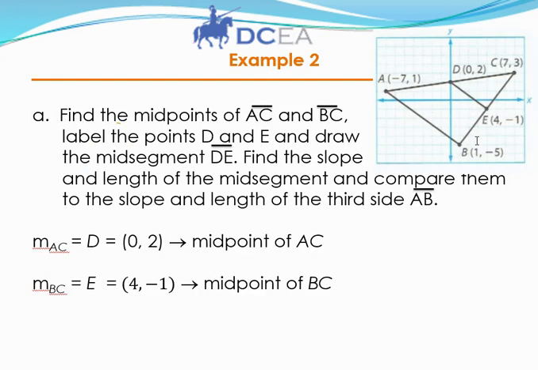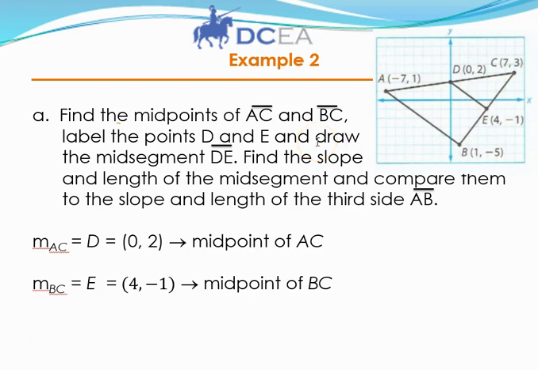Example 2. Find the midpoints of AC and BC and label the points D and E. Let's take a look at the drawing. So this is the same triangle. We want the midpoint of these two sides, AC and BC.